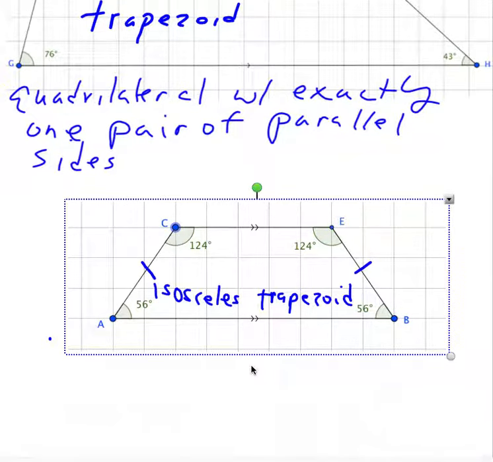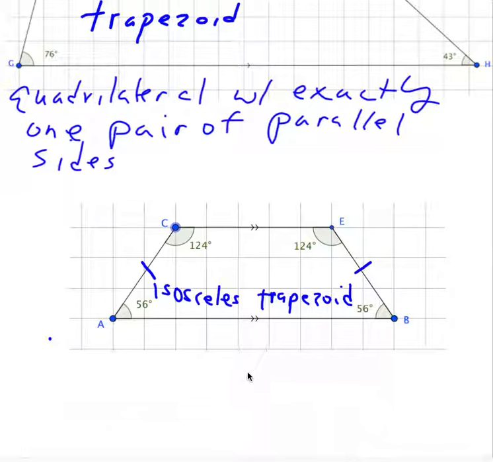I didn't get that definition written down, but we're going to call an isosceles trapezoid a trapezoid with the non-parallel sides being congruent.